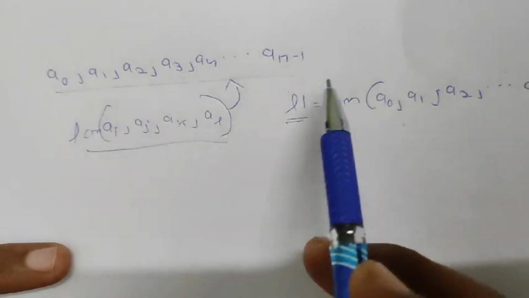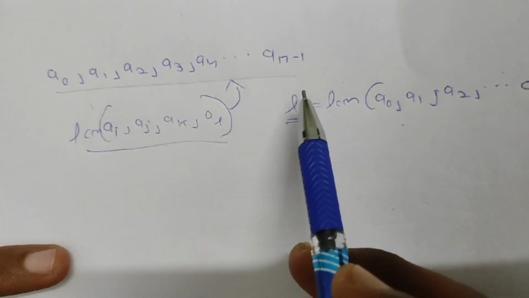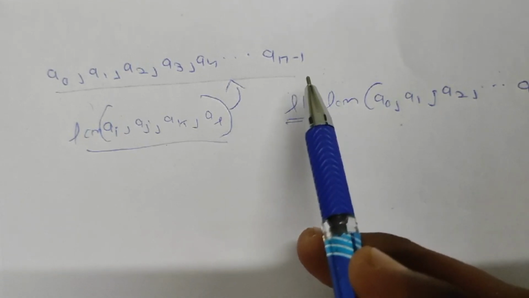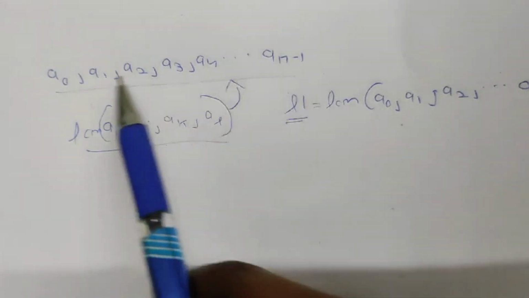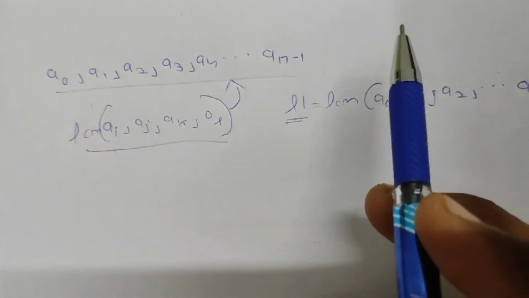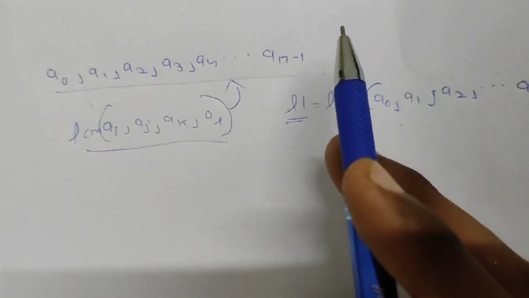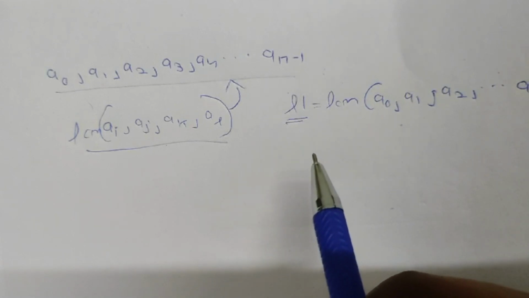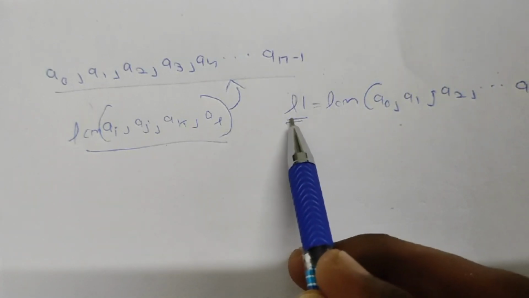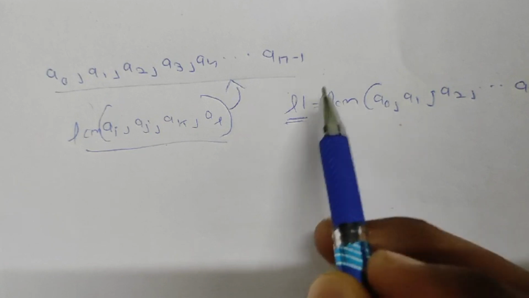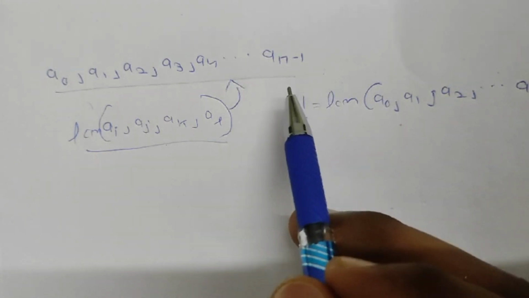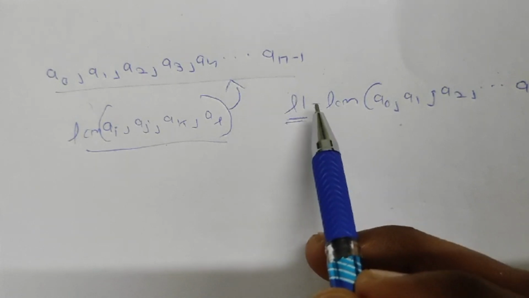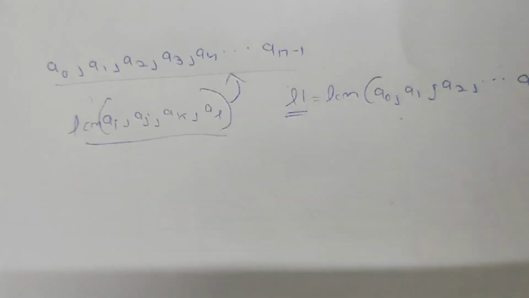So the length of the longest subsequence is n, the length of the original array. But if this L1 is present in the array, we have to find some other longest subsequence.